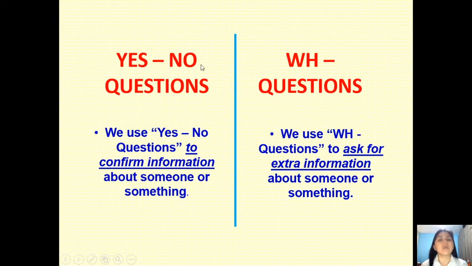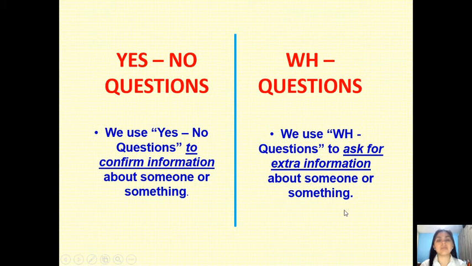When you work with yes/no questions, of course, the answer is yes or no, okay? Now, WH questions. We use WH questions to ask for extra information about someone or something.